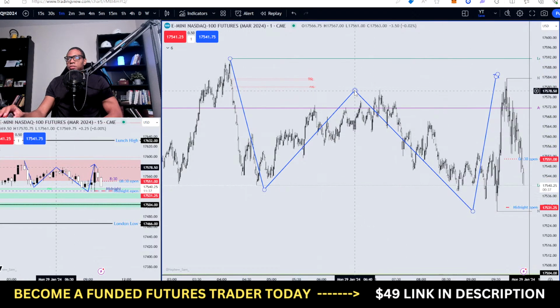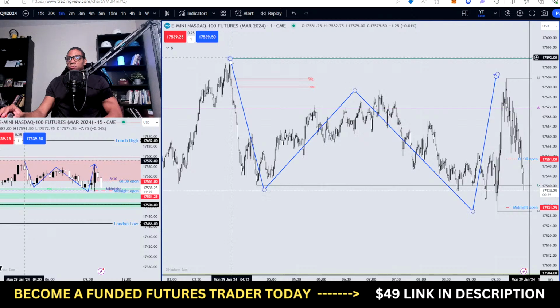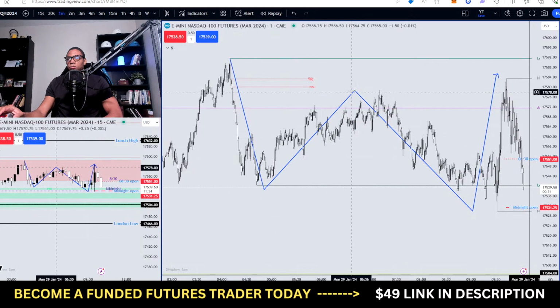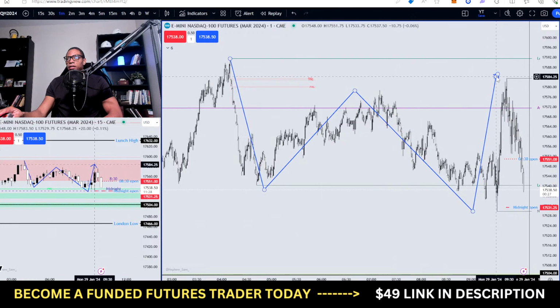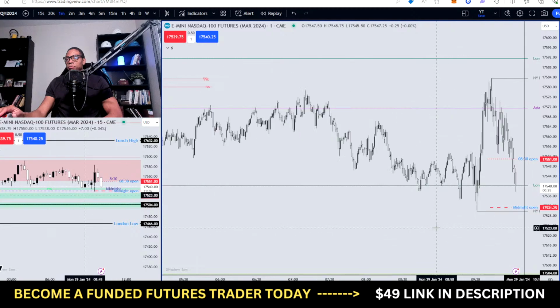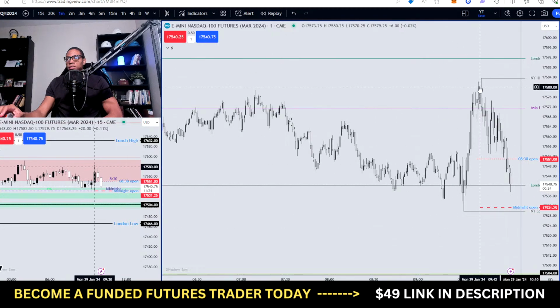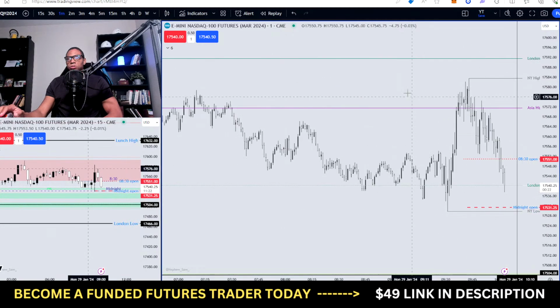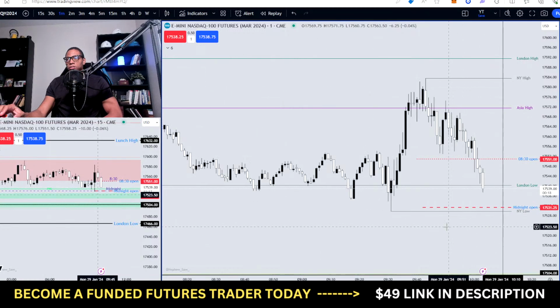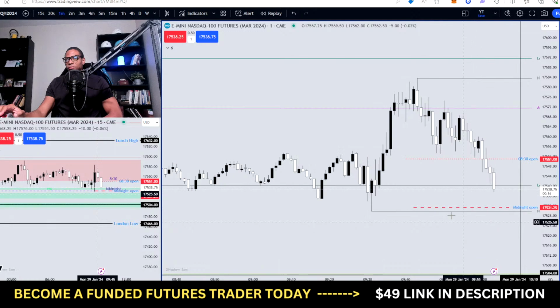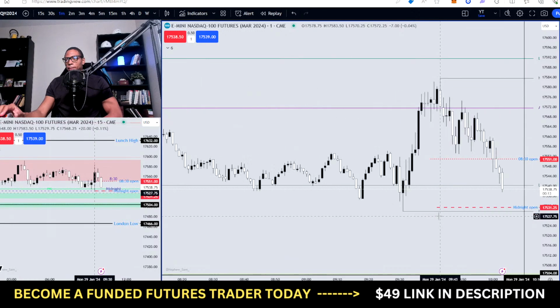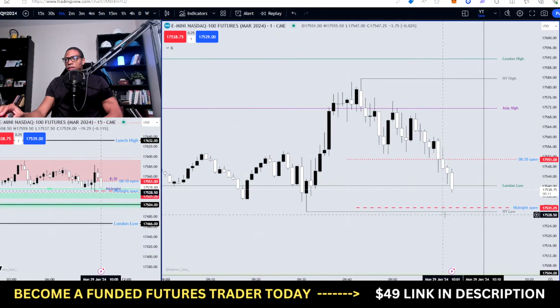So after this swing down, where we had a lower high and then a lower low, we would have expected another lower high, but we didn't get that. We got a higher high. So now what we want to do is make sure whether price definitely wants to go higher, or if this was just a liquidity sweep and lower prices are where we're going. And this New York low is going to give us that indication.